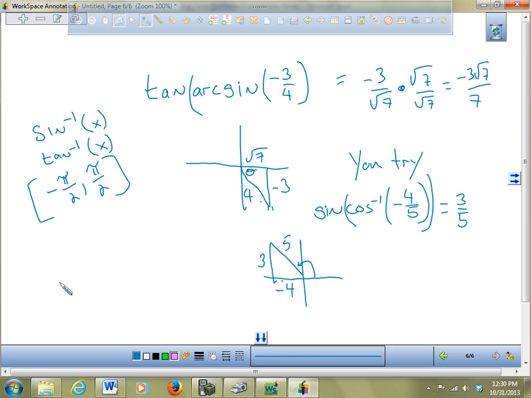That's where you're searching for answers. Inverse cosine of x, you're looking for answers between 0 and pi radians. So in the first or second quadrant. So you've got to know those three ranges. And there are inverse cosecant and inverse secant, but they don't talk about them too much.